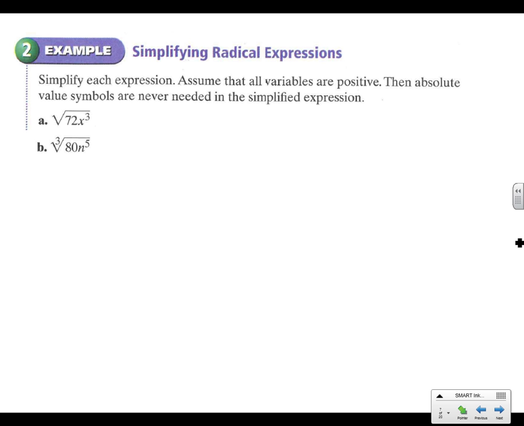Okay, simplify each expression. Assume that all variables are positive. We're going to simplify here. All right, so we need to break this up. This is why we did the skills check. So let's remember our pattern of perfect squares. Remember our 4, 9, 16, 25, 36, and so on and so forth.